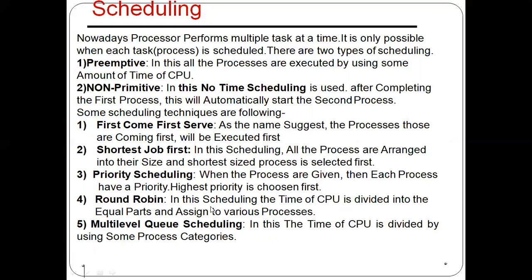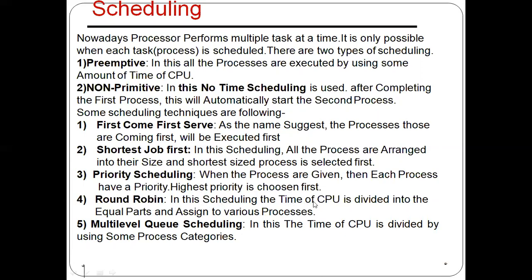And round robin. In this scheduling, the CPU time is divided into equal parts and assigned to the various processes. You have seen sometimes when you are copying data into your drive, it shows the processing time. So that is called round robin.